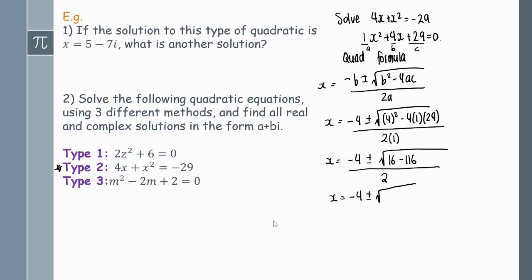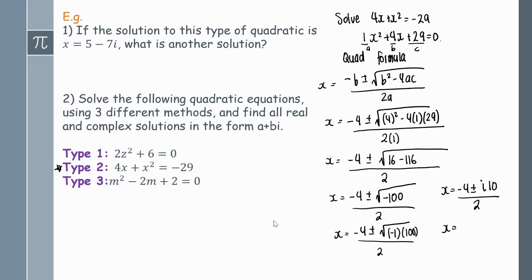Again, if I simplify this, on the inside of my square root sign, I'll get negative 100. So that will become the square root of -1 times 100. This is nice. As soon as you can get a -1 under your square root sign, we can rewrite that as i. So all in all, I have -4 plus or minus i times the square root of 100, which is just 10, all over 2.